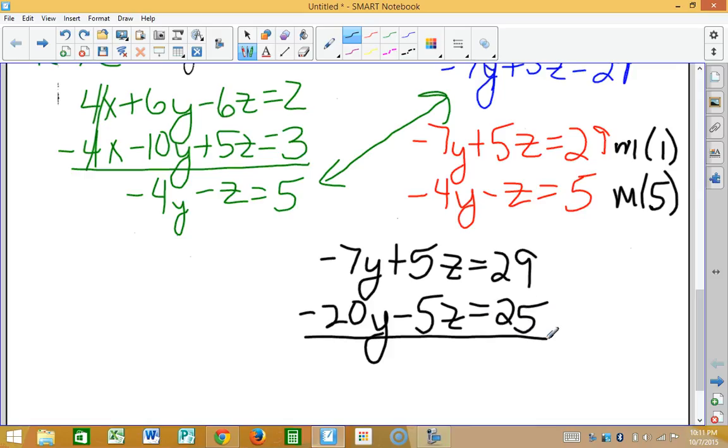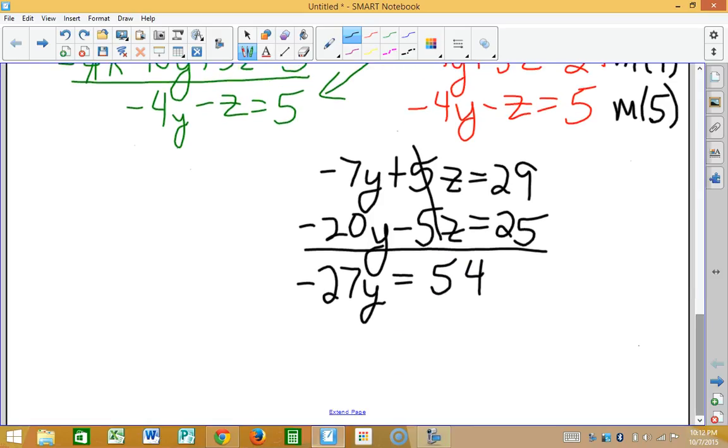So we're going to go ahead and add those up, and as you can see, the plus 5z and the minus 5z go away. So that leaves us with negative 27y equals 29 plus 25, which is 54.